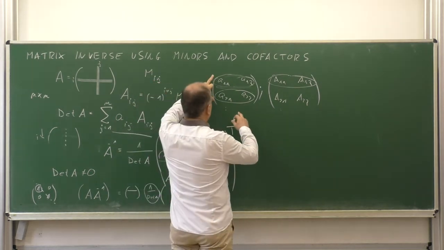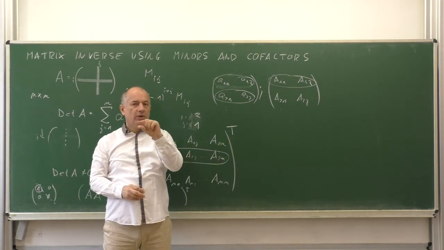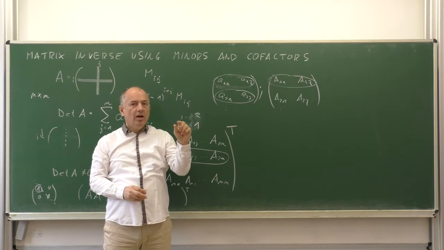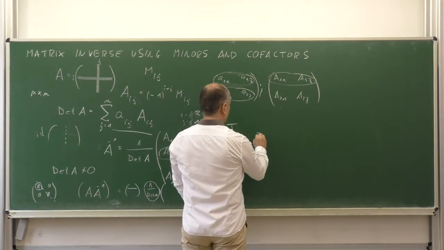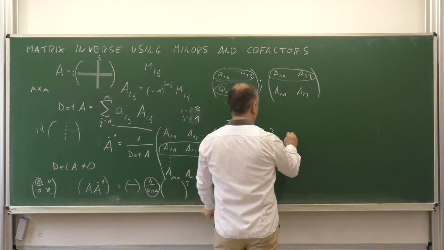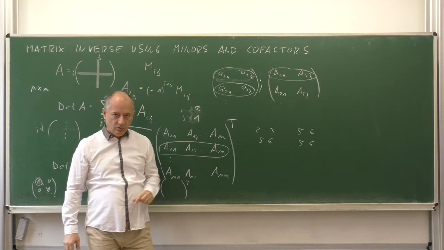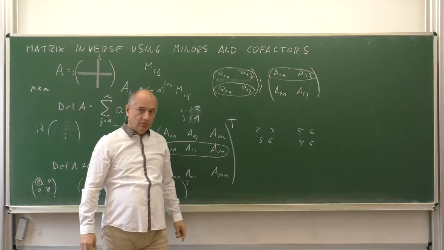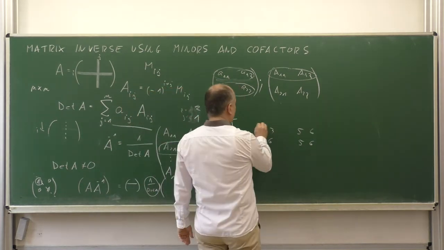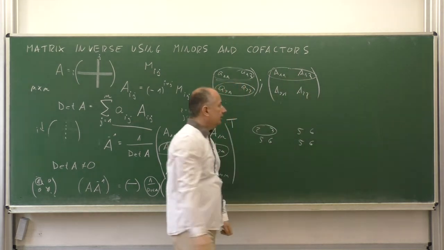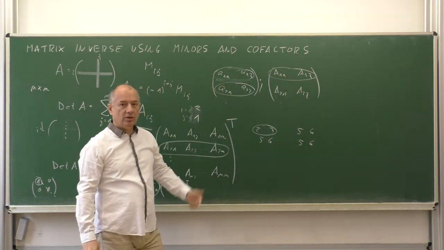So we can consider a matrix, and since it is independent of the first row, we could replace the first row with a copy of the second row. Say, if we have a matrix 2, 3, 5, 6, then we write 5, 6, 5, 6. We just replace the first row with a copy of the second row, leaving the second row untouched. Changing the first row does not change the first row of this matrix consisting of cofactors.